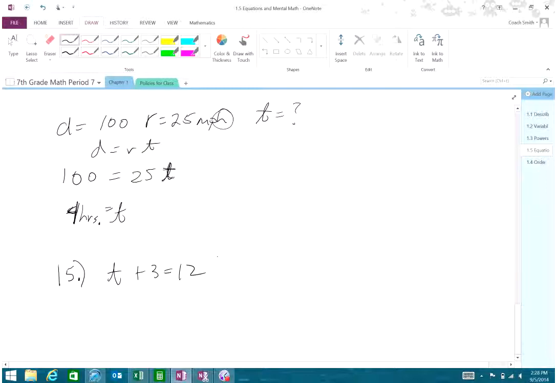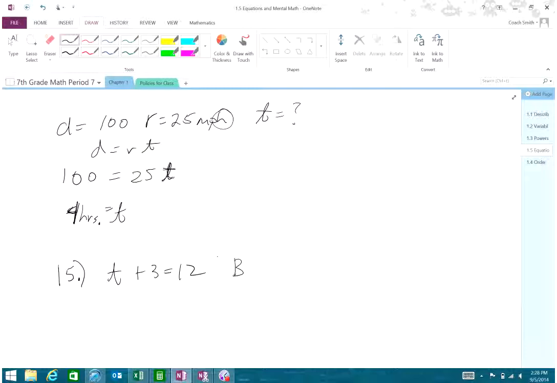Which one of the sentences, A, B, C, or D, represents T plus 3 equal 12? Is it A, B, C, or D? Jacob? B. B is what the letter is because B says what number plus 3 equals 12.